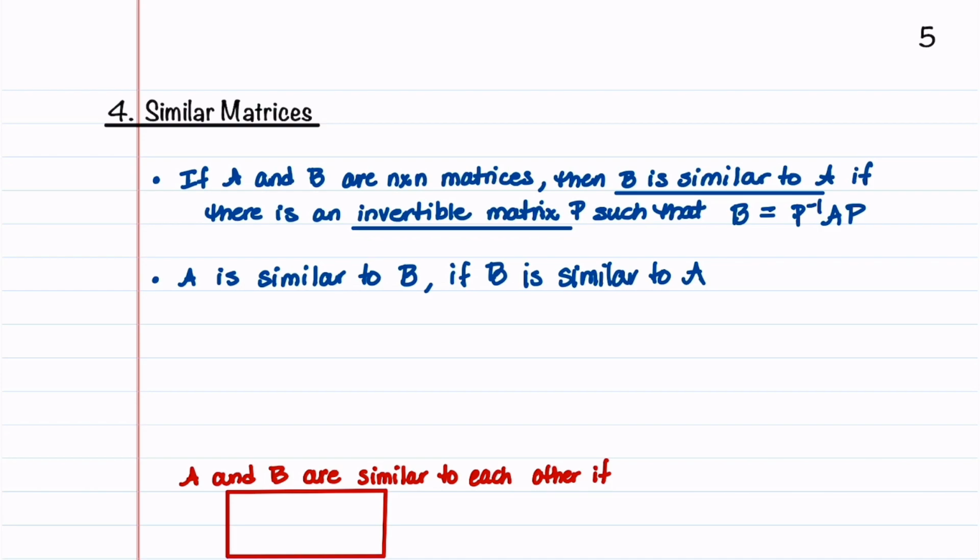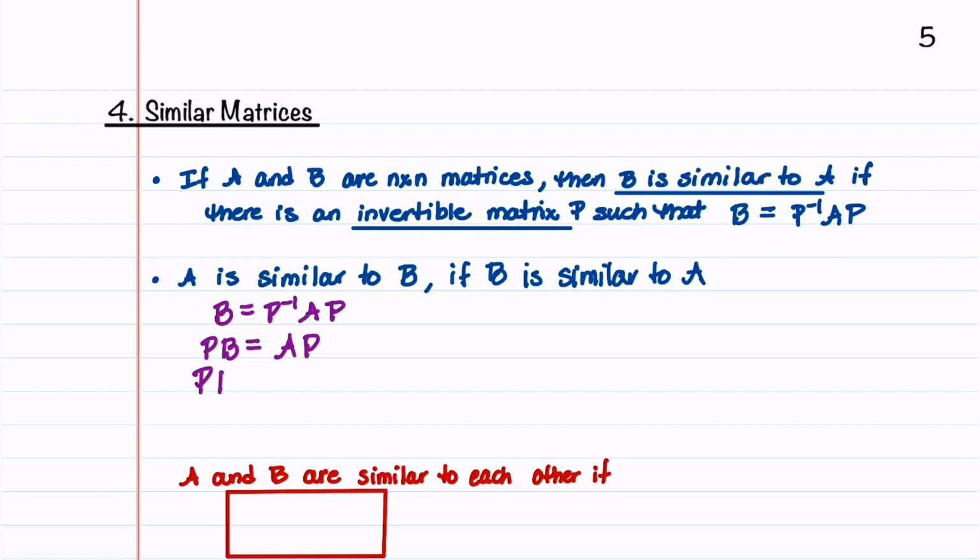Let's now define what A is equal to. We'll begin with our definition for B. So B is equal to P inverse AP, and we want to find A. So let's multiply on the left by P. So P times B. P times P inverse is our identity, so we don't even need to write that down. So that then gives us A times P. Now to solve for A, let's multiply on the right by P inverse.